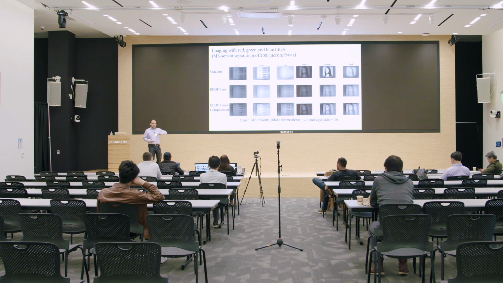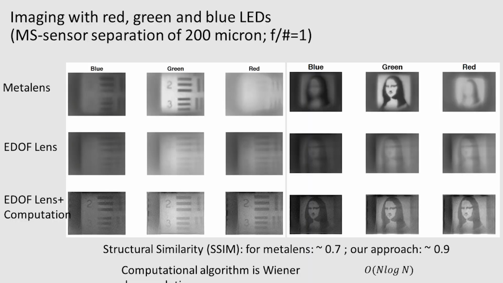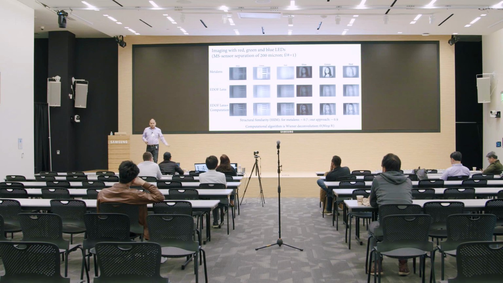Our approach is 0.9, the highest being 1. I'd like to point out that the algorithm we are using is very basic linear deconvolution. Your complexity is order n log n. Okay? And I'm going to come back to this order n log n number in a bit, because I'm going to show you that if you start doing something like purely computational imaging, something called lensless imaging, your complexity is like order n cubed.